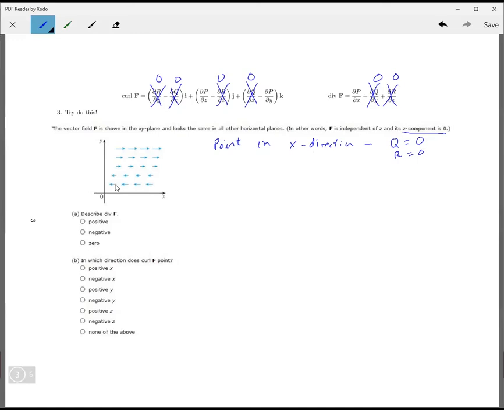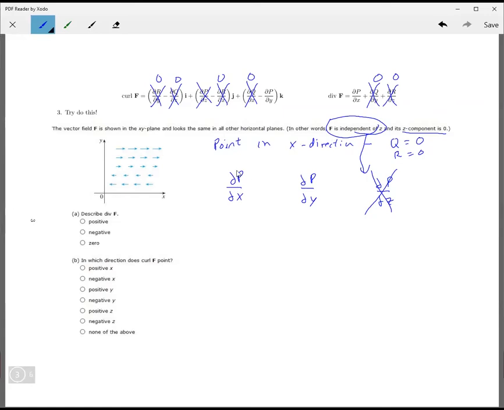Now, as you go left or right, these are constant, right? Consider these three things right here. First of all, f is independent of z, so that's 0, and we can knock that one out too.